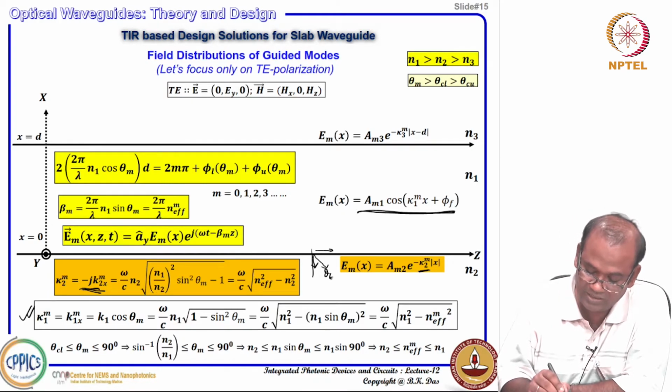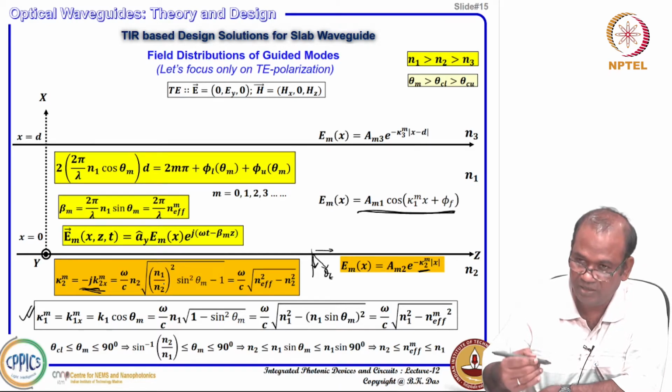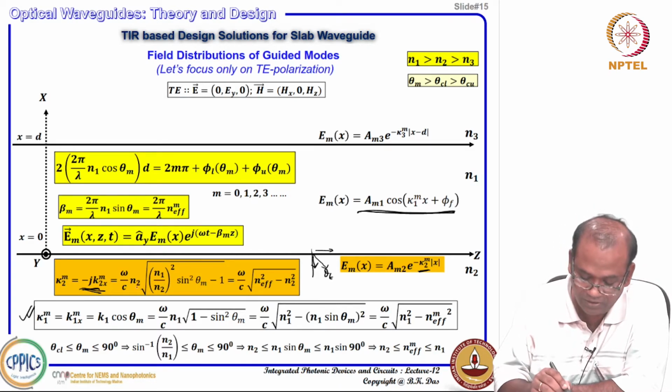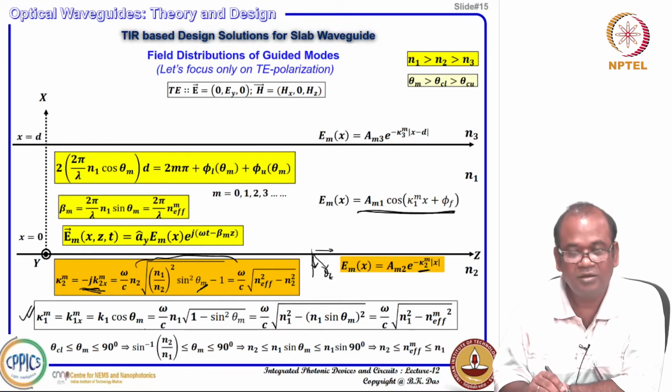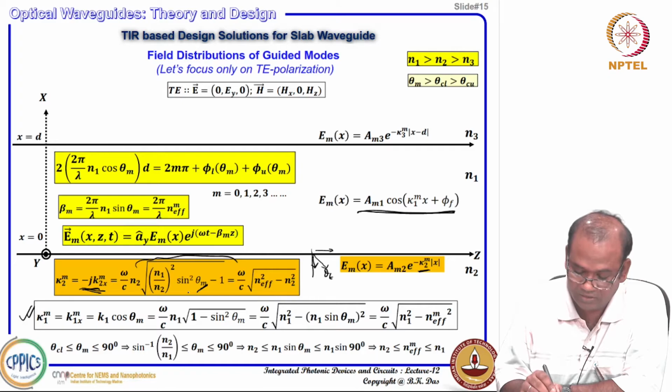So, we have earlier discussed that this part, since it is imaginary, is an evanescent field in the cladding region. So, that imaginary part will come as square root of this quantity minus 1, because this will always be greater than 1 when theta m is greater than the critical angle. You just multiply N2 inside, and you get this expression. This is your kappa 2.